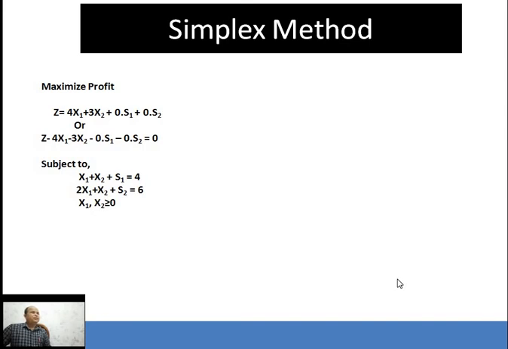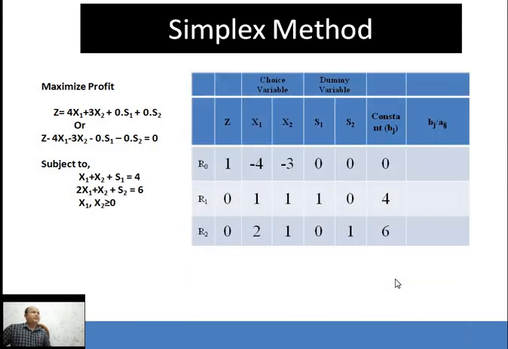Now we put all this information in a simplex table. The simplex table has columns z, x1, x2, s1, s2, and constants. So these are the basic columns of the simplex table.